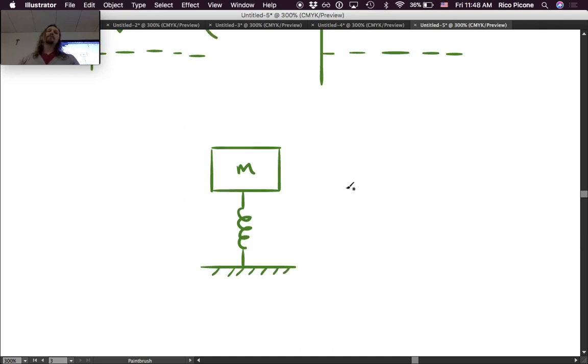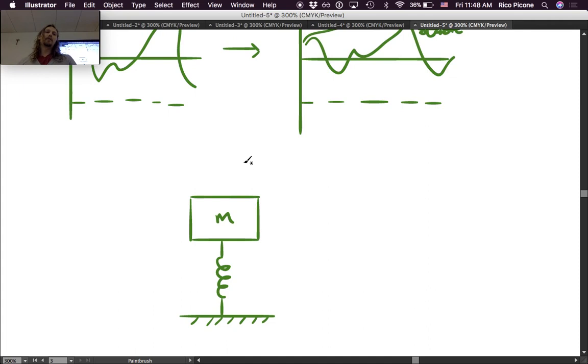This system, if you apply a sinusoidal force to it, and we say we put it in as sine of omega t. If you put it in at virtually every possible frequency, this is a bounded input, just a sinusoid.